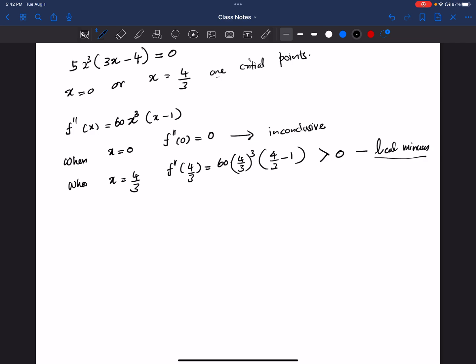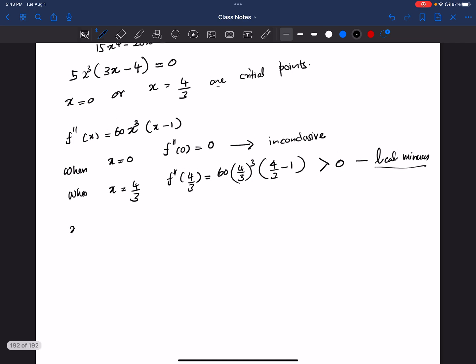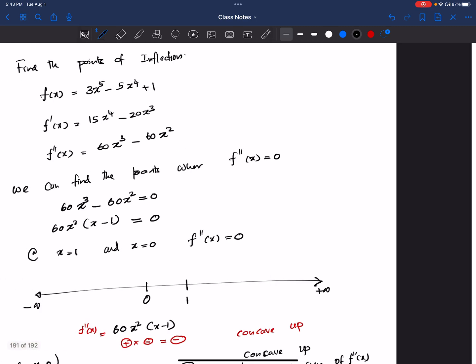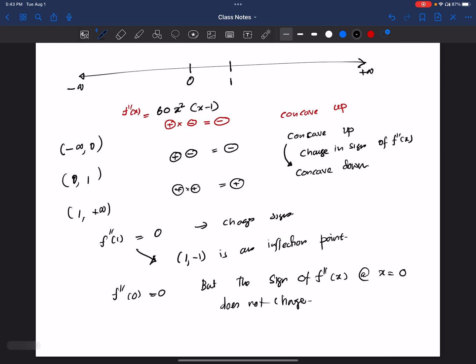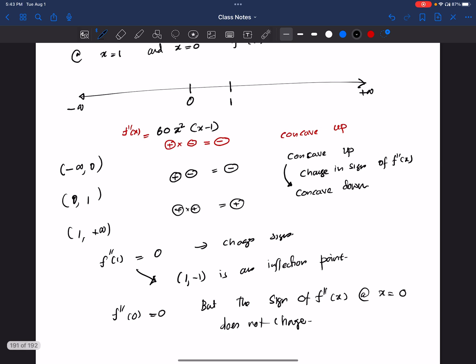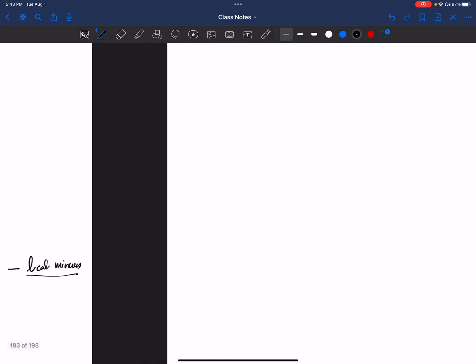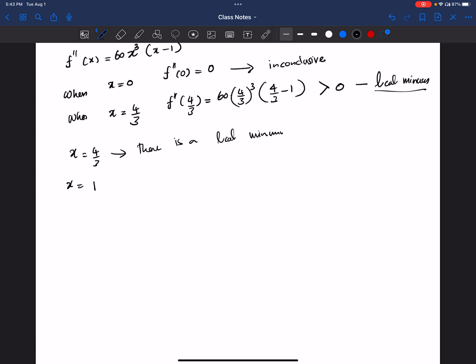So we figured that at x equals 4 over 3, there's a local minimum. And at x equals 1, we figured out there is an inflection point.